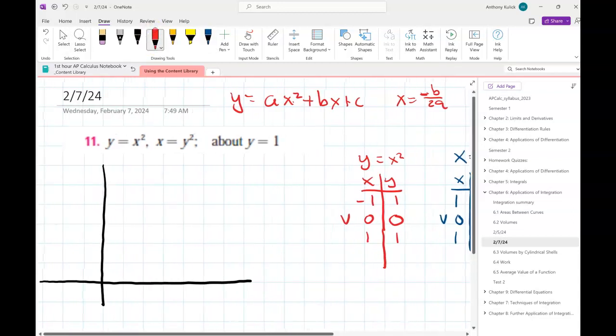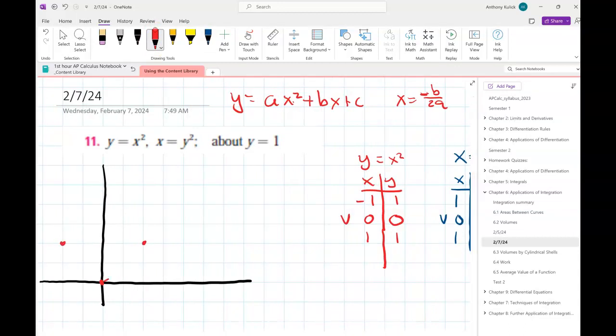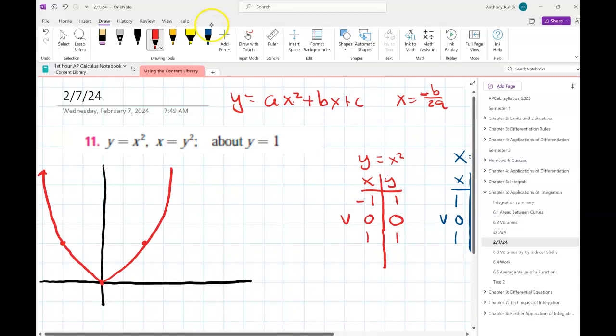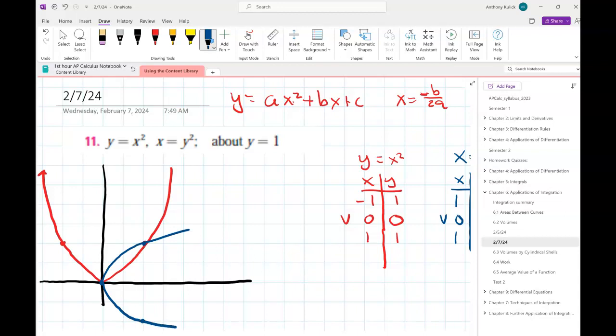So if I plot this, there's that. There's that. So this is like my shaded region.